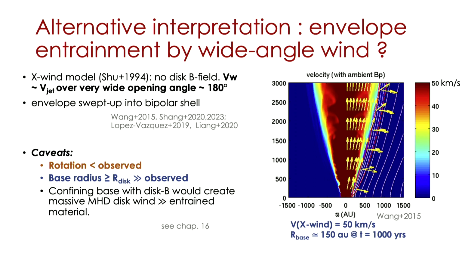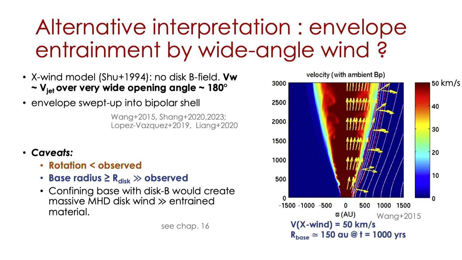The X-wind is a model where there is no magnetic field in the disk itself, and the inner wind is at a constant velocity, but it's very widely open, going at 180 degrees. Then it interacts freely with the envelope. So there is no thick MRI disk; it's a simple model.